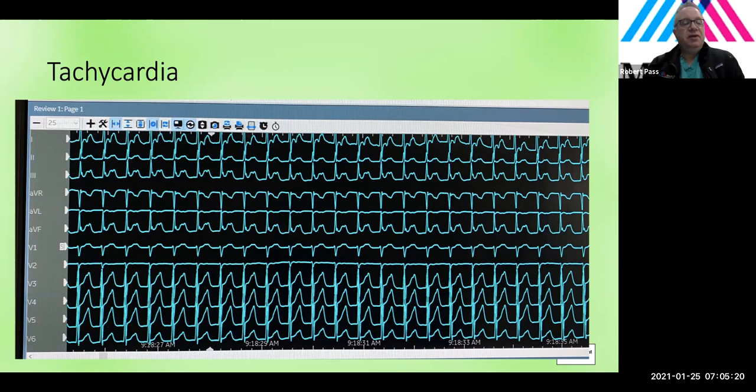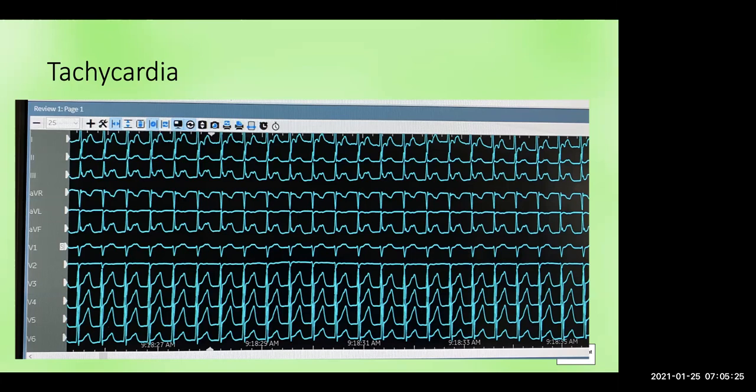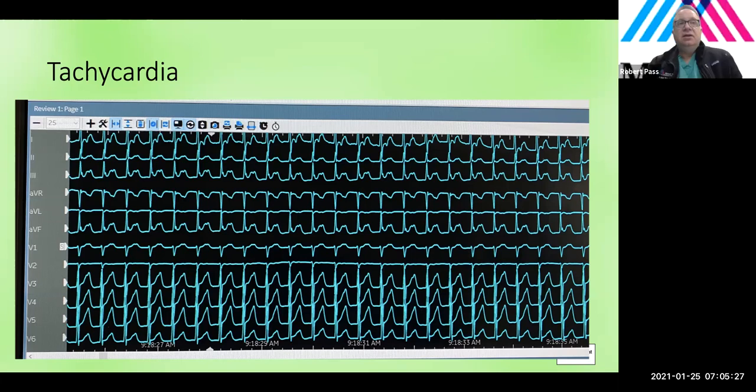But is there any form of AVNRT where the RP interval could be longer? Atypical? That's exactly right. Atypical AVNRT can have that. Remember that in normal AVNRT, we go down the slow pathway and come back up the fast pathway, and so the retrograde P wave can even precede the onset of the QRS, because in AVNRT the reentry is occurring above the level of the His-Purkinje system.